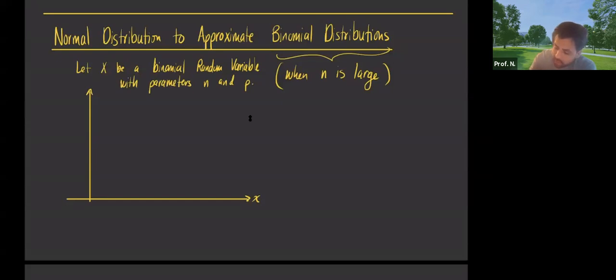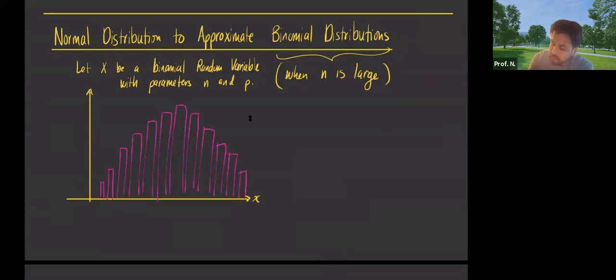The idea is that we get a probability mass function that is very symmetric. Recall that this is n choose x, p to the x, 1 minus p to the n minus x.